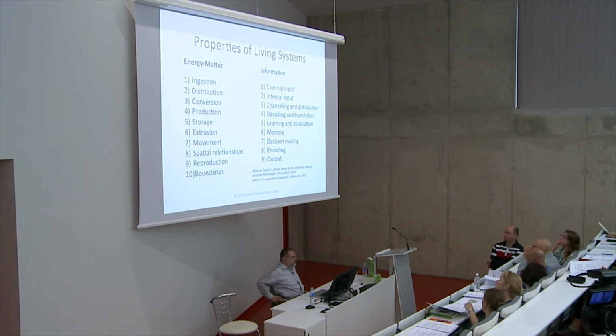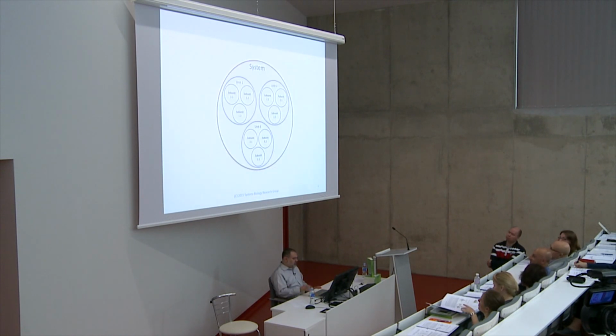These are the properties which exist in living systems at every fractal level of existence. And these same qualities actually can be expanded into non-living systems. So when we talk about, say, a city, or a country organization, or a transnational organization, they still share these same types of qualities.